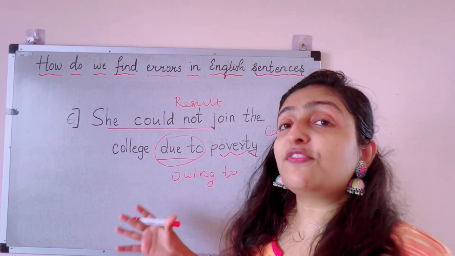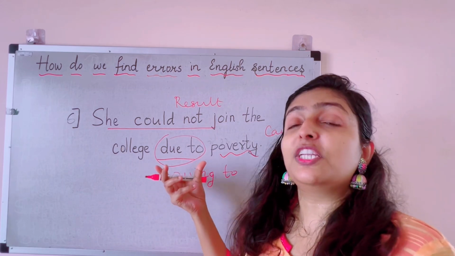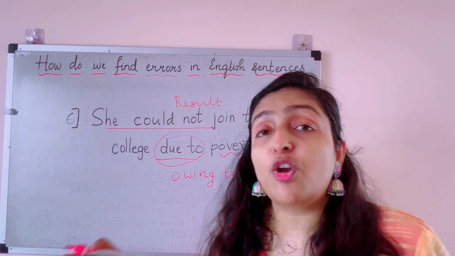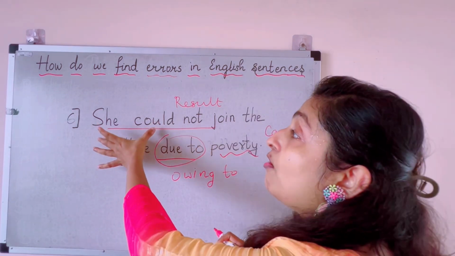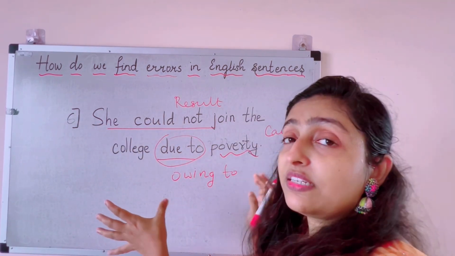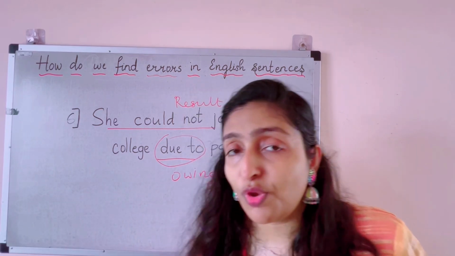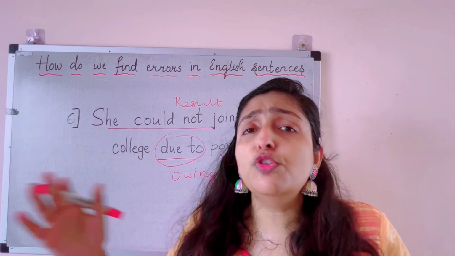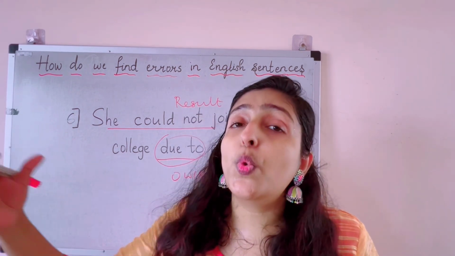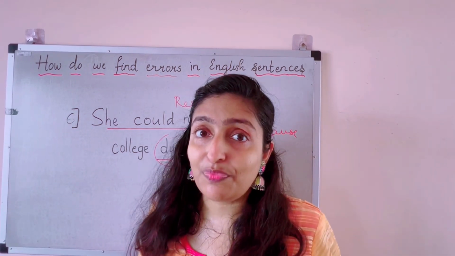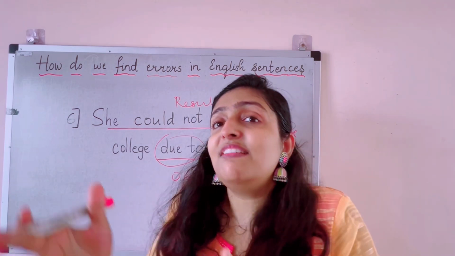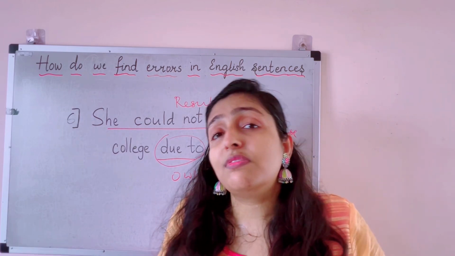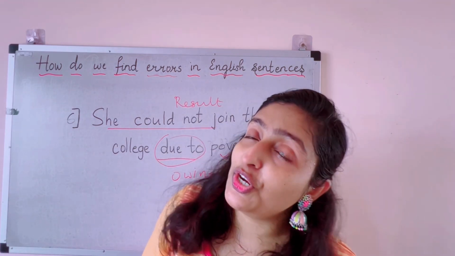But if you have to use the expression due to, then the result will come after the cause. First will be the cause and then the result if you have to use due to. For example, the admission cancelled due to some problem will be investigated. So result and cause is equal to owing to. Cause and result is equal to due to.